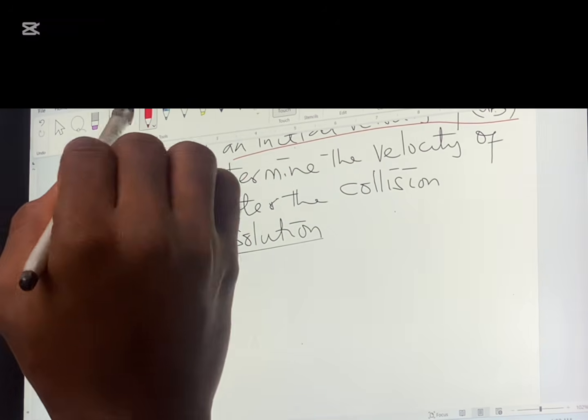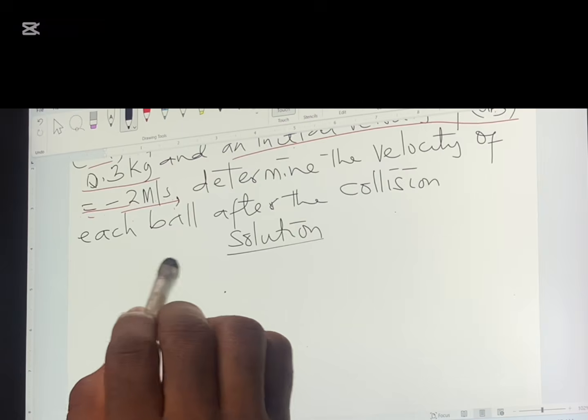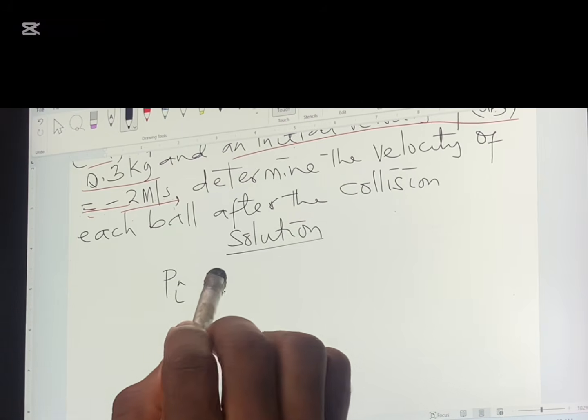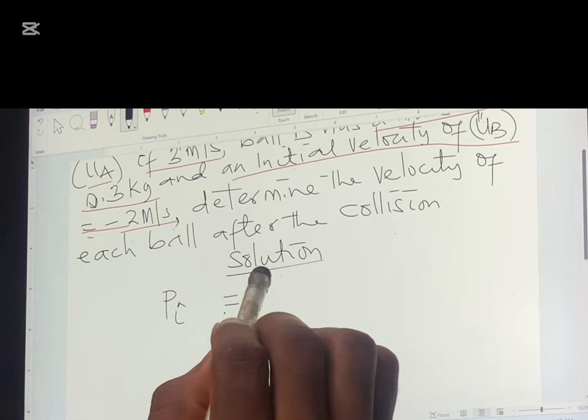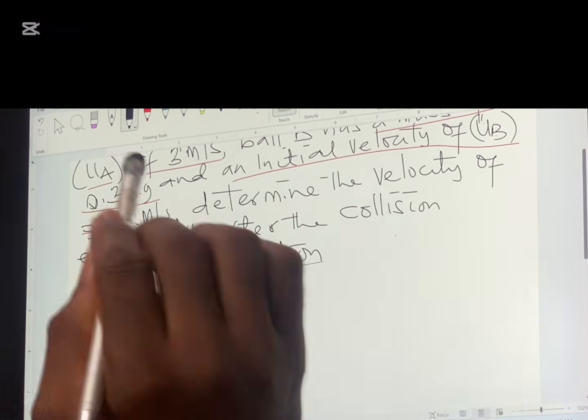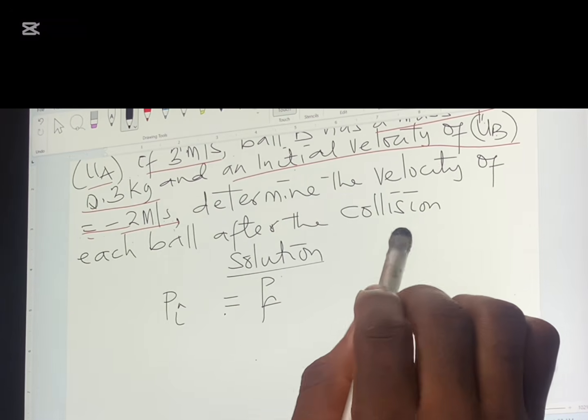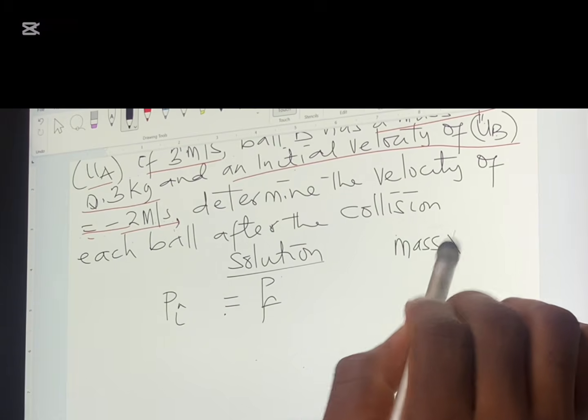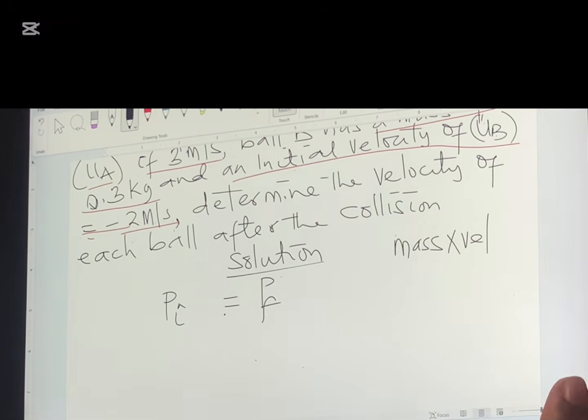So we have something like this, class: momentum before collision is equal to momentum after collision. The formula for momentum is mass times velocity. Please take note.